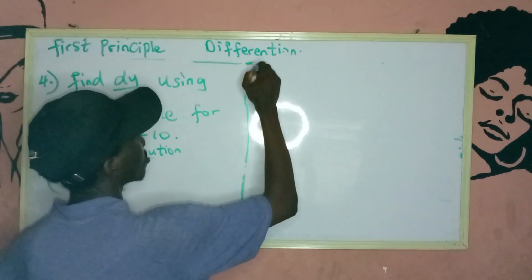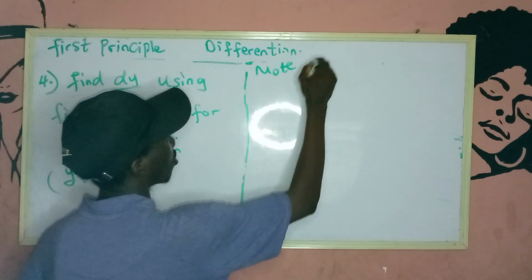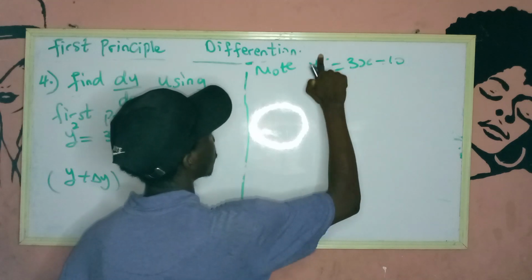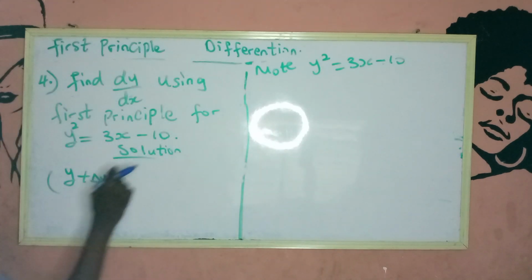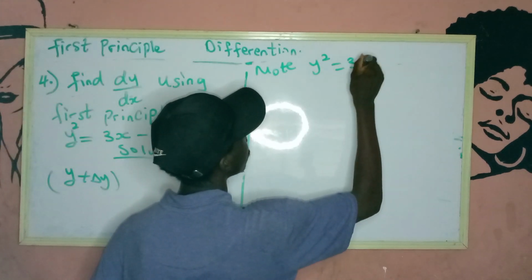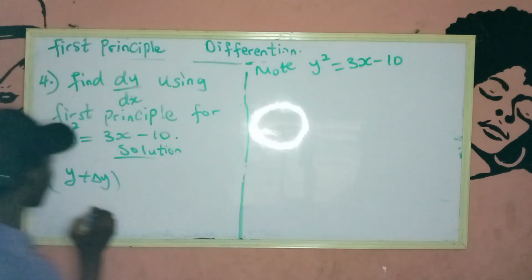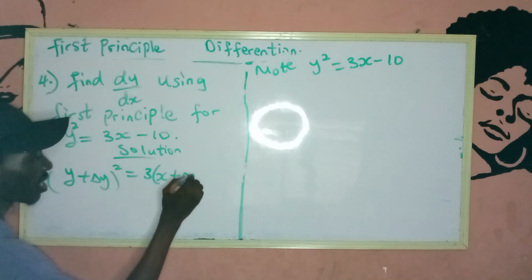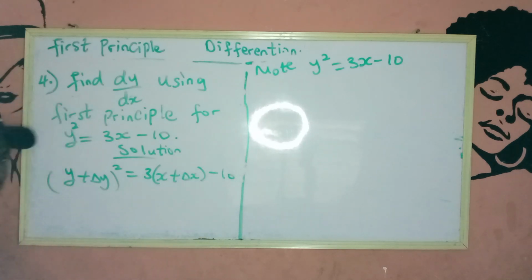Let me write it here. Note: y squared is equal to 3x minus 10. So (y plus change in y) squared is equal to 3 into bracket x plus change in x minus 10.